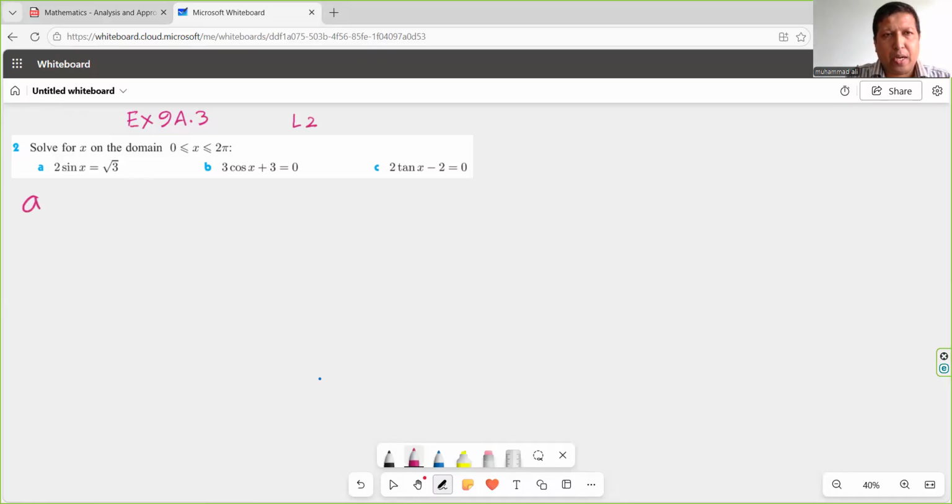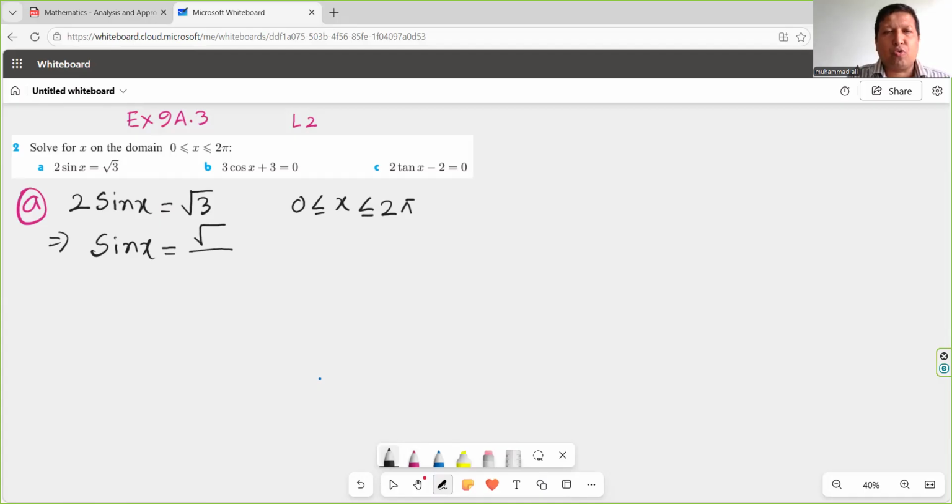So if we want to solve it, we have to write here 2 sin x equals root 3. Keep in mind our interval will be x greater than or equal to 0, less than or equal to 2 pi. After that, sin x equals root 3 by 2.